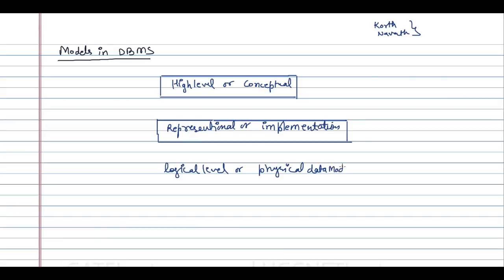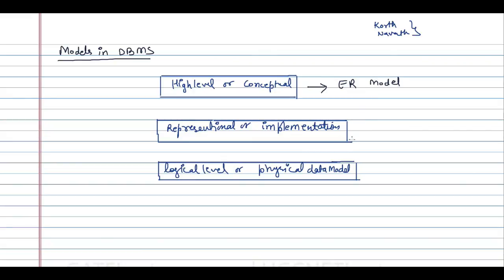Okay, so when I'm saying we have these models, that means I'm telling you in what things these levels are working on. For example, when we have high level or conceptual model, that means in this model we generally discuss about the ER model, or you can say ER diagrams, or you can say entity relational diagrams.